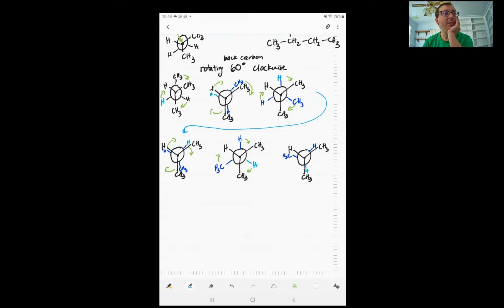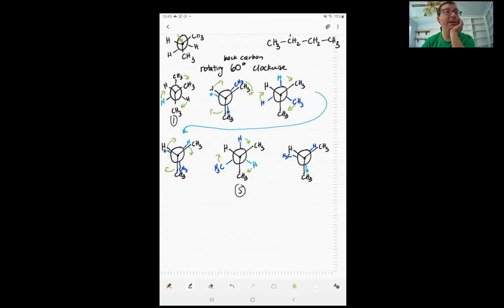So if we were to choose 120 counterclockwise, that would be going from 1 to 5.